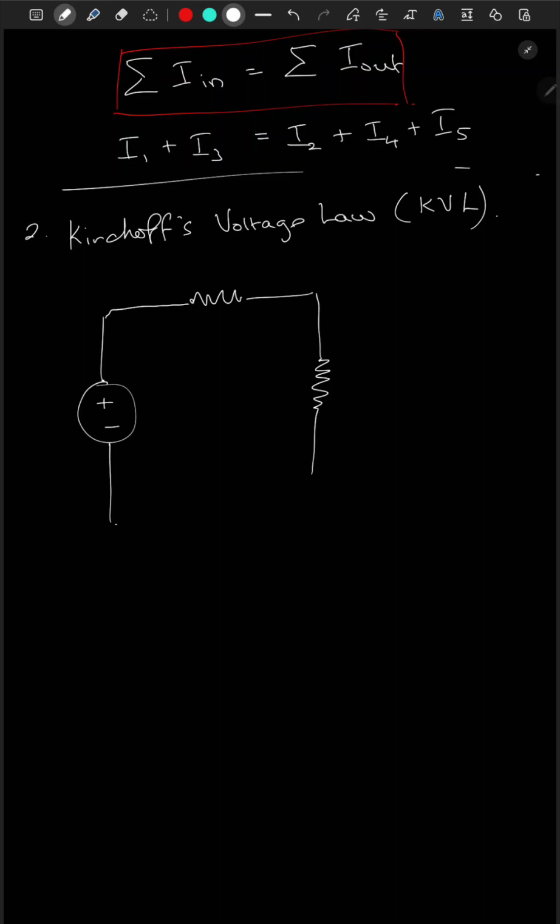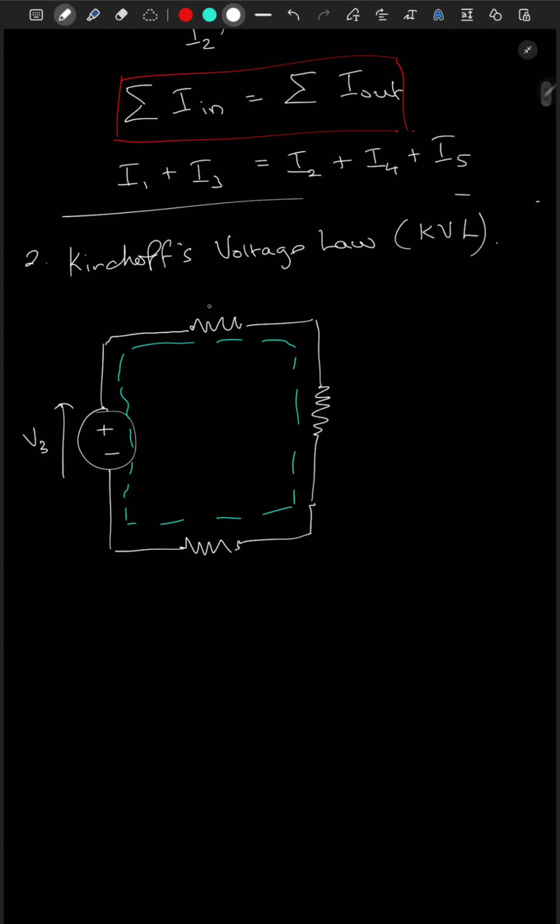So if we have a closed path, so this is a closed path, okay, let's suppose this is a source, let's call it V3.